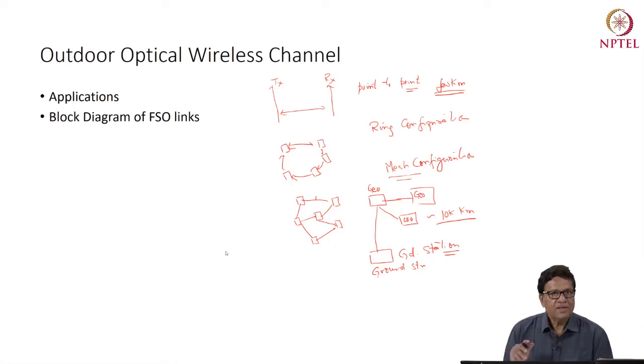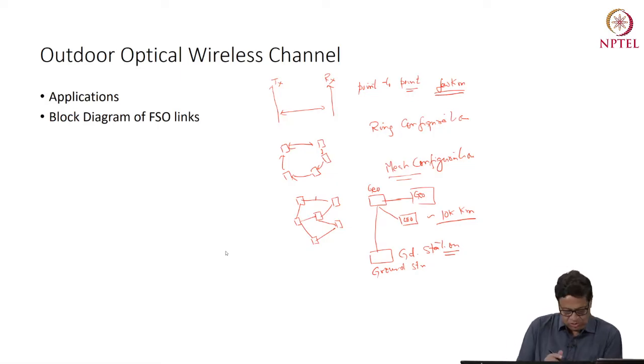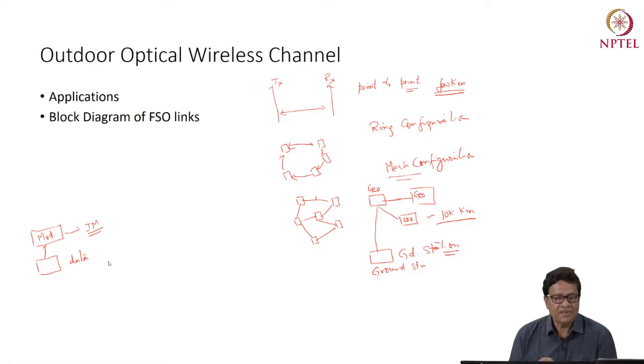So now let us understand the block diagram of an optical wireless channel in outdoor applications. So you will start with, say, input data here. This is information or data. And then you do some sort of modulation. It could be, for example, intensity modulation. This we have discussed in earlier classes. So the data is modulated by changing the intensity of the optical source.